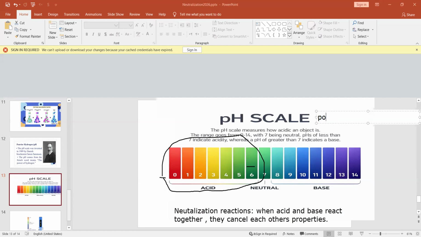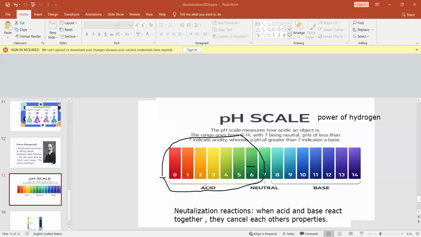Why do we call it the power of hydrogen? Because 0, 1, 2, 3, 4, 5, 6, 7, 8, 9, all of these are hydrogen numbers, so it indicates the hydrogen rate.